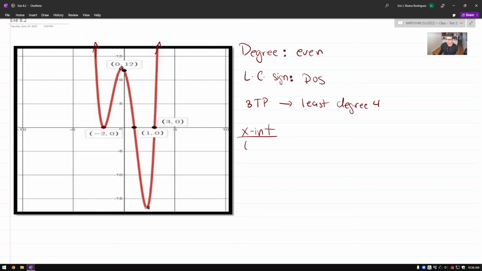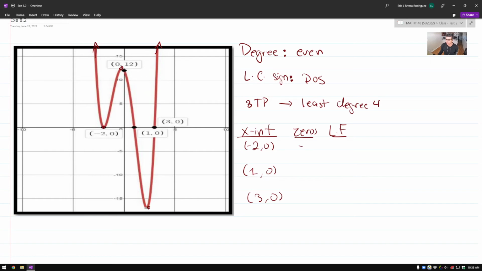So we have negative 2, 0, we have positive 1, 0, and we have 3, 0. Okay, so this is related to the zeros, and the zero is related to the linear factors.